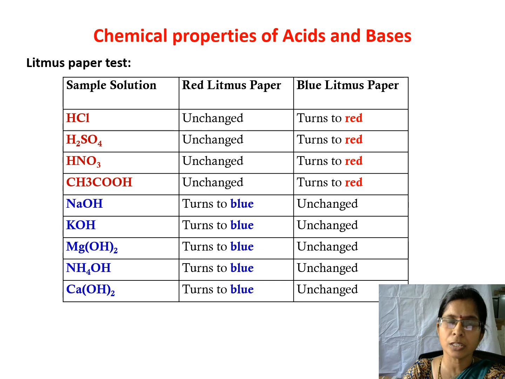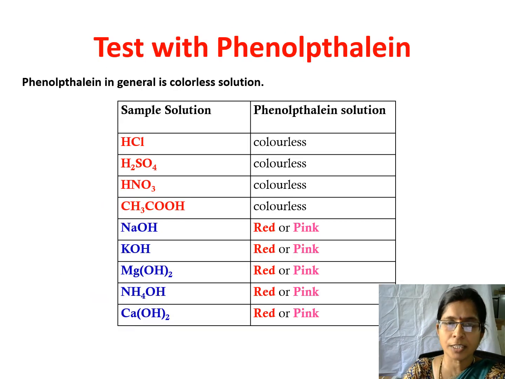So, we can say that in the litmus paper test, red litmus paper turns to blue color in basic medium and blue litmus paper turns to red color in acidic medium. Remember this one.